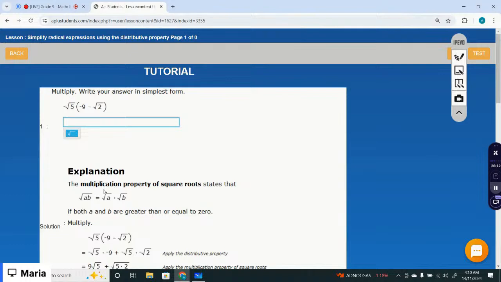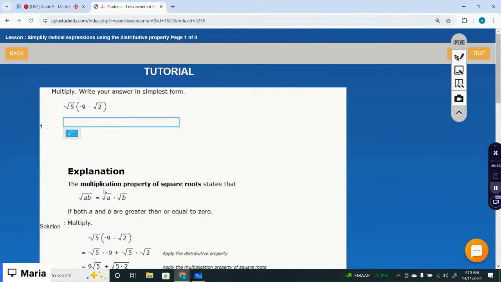So you have to multiply, right? The multiplication property of square root states that if you have square root AB, you can write it as square root A times square root B. So you simply have to multiply them.